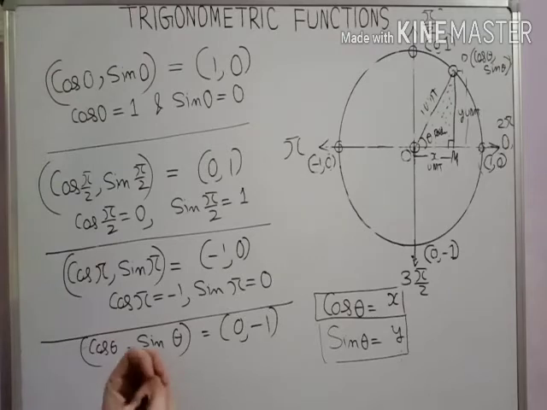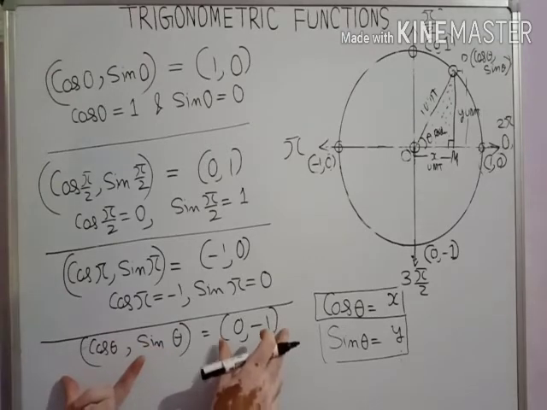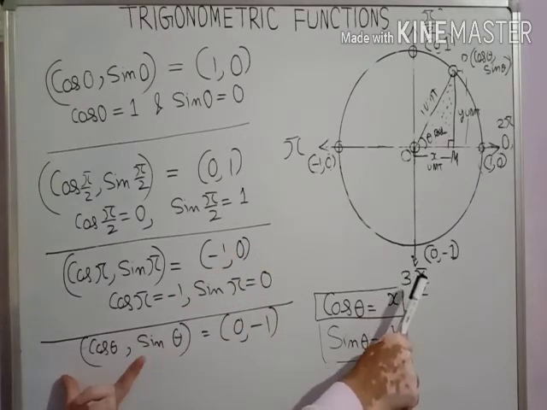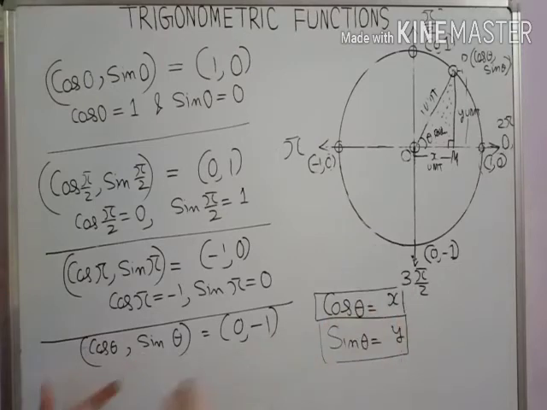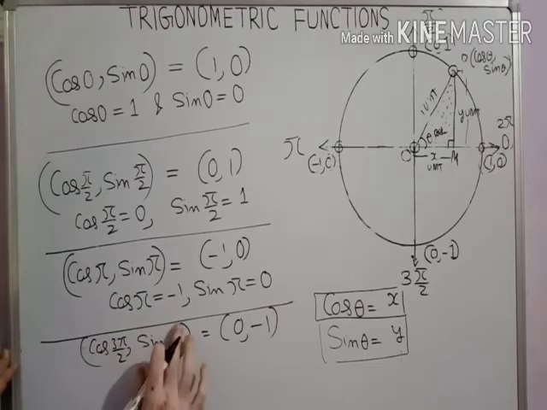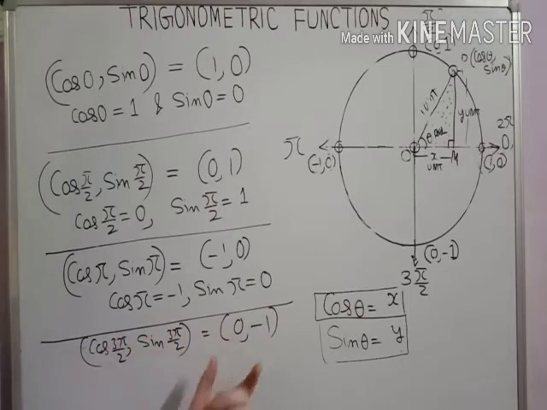If I ask at which theta both the points will coincide, your answer would be, sir, at theta equals 3 pi by 2. So theta I replace here with 3 pi by 2. It means if both the ordered pairs are equal, first element equals first element and second element equals second element.